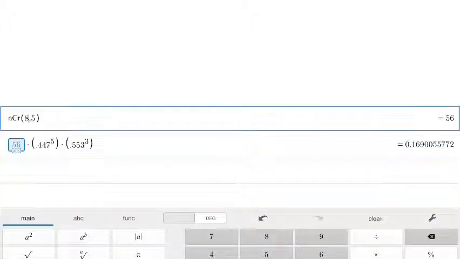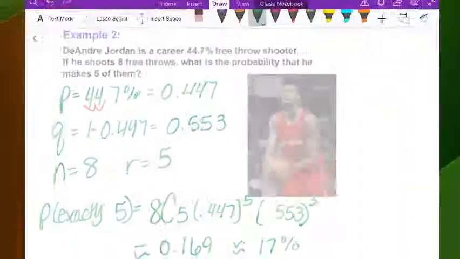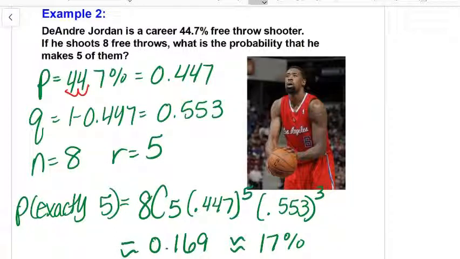The button in the calculator might look like this one instead. If you have the graphing calculator, it's like the picture that I showed you under the math button. I encourage you to pause it and try to get the right answer there so you know you're working the calculator correctly.